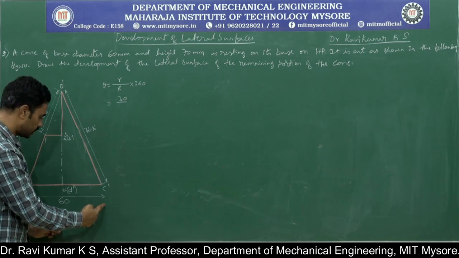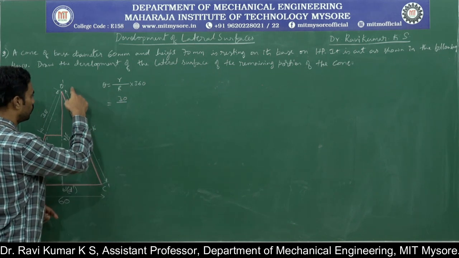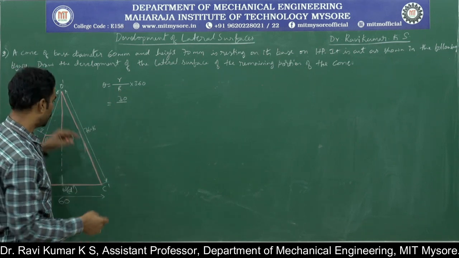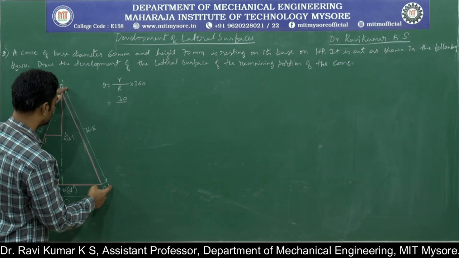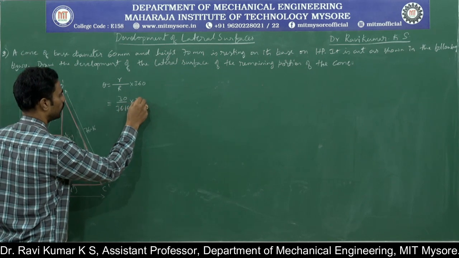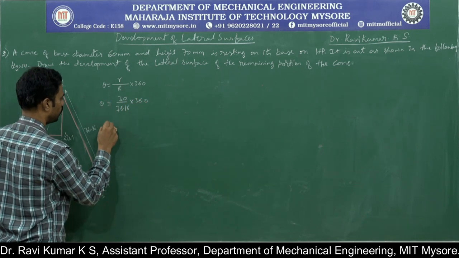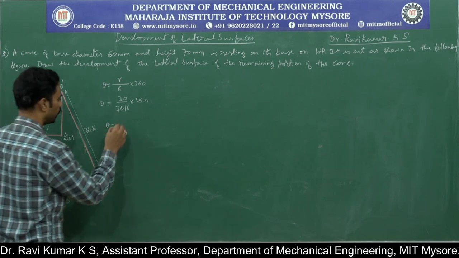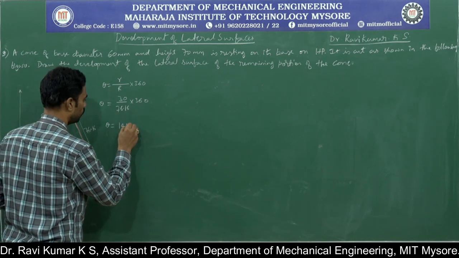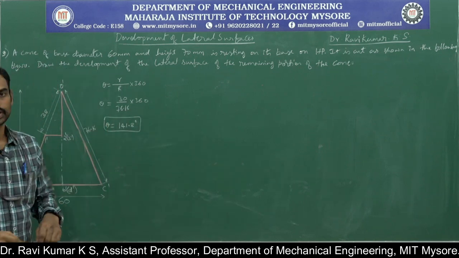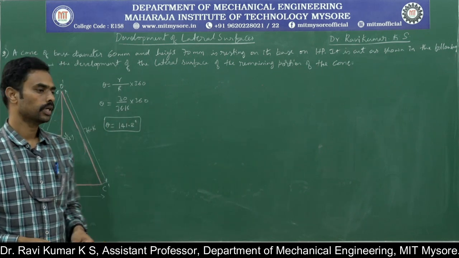Capital R is the true length of the generator, which is 76.16, multiplied by 360. If you calculate this, you will get 141.8 degrees. This is the theta you will obtain once you calculate it.